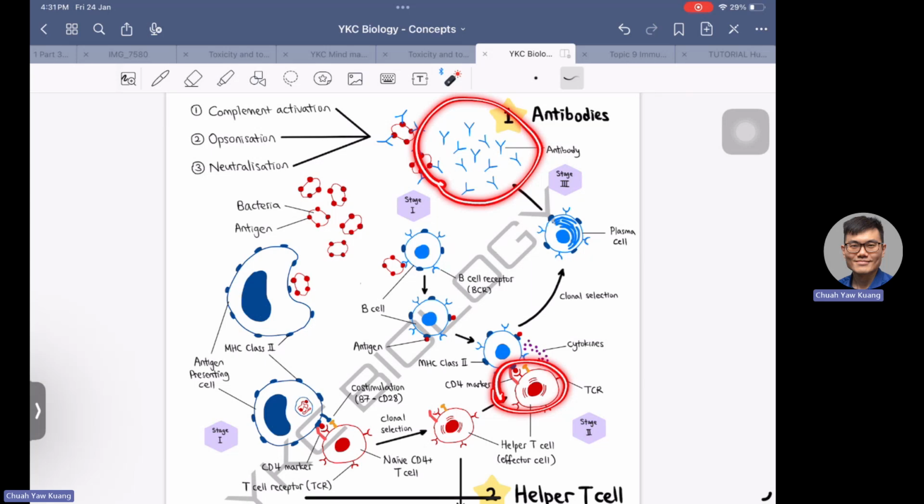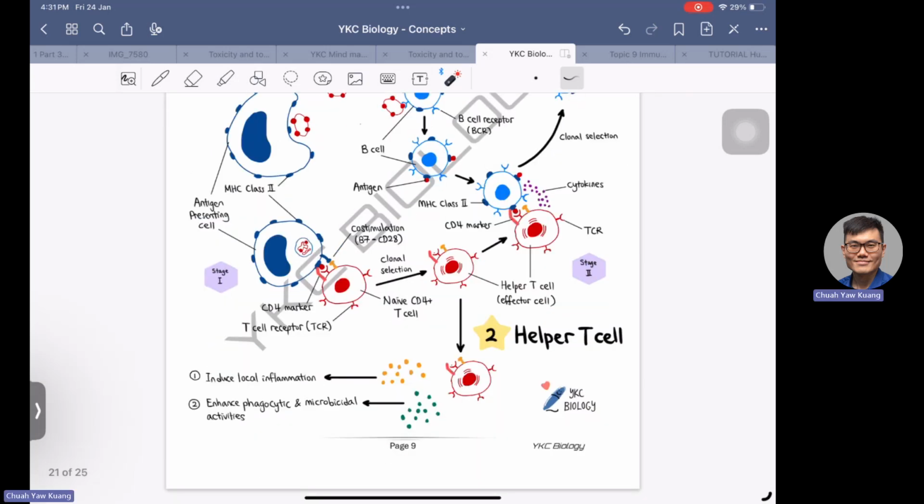This is only one of the functions that this helper T cell can do.